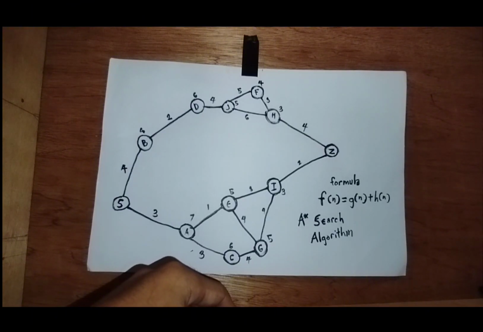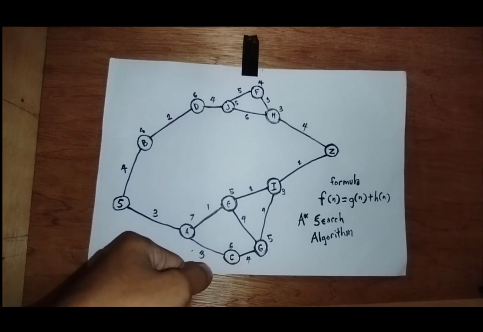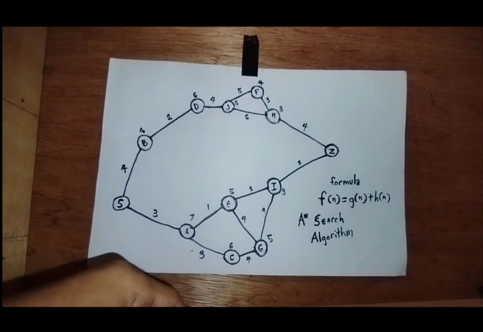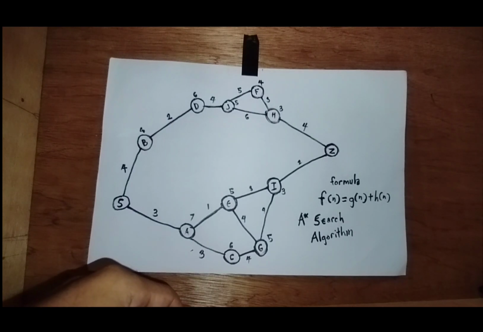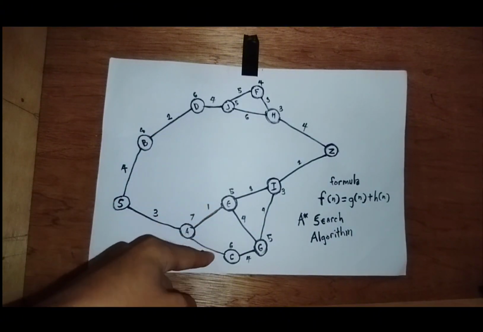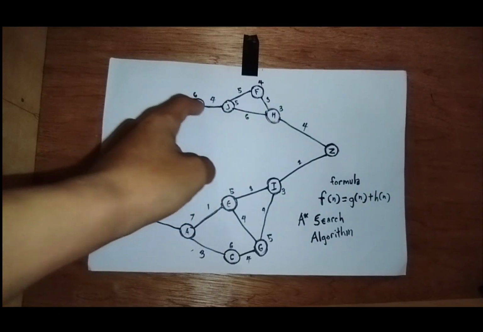And H is the heuristic estimated cost from the current node to the final goal. So, we're going to start from S to Z. On the formula, here is the G and here is the H.